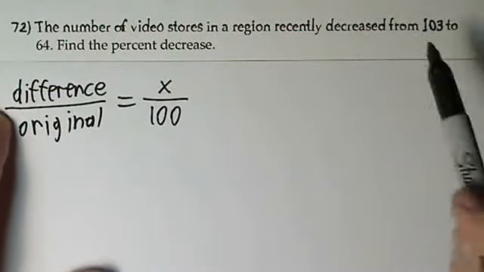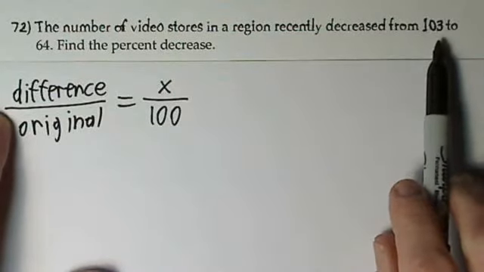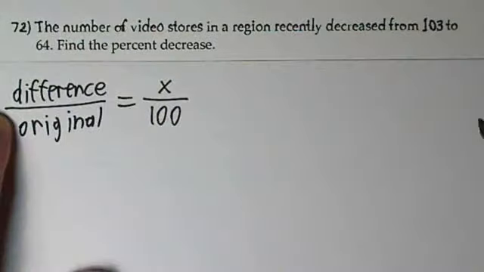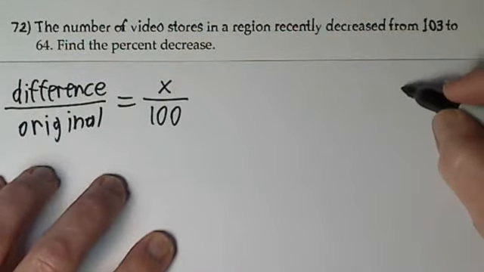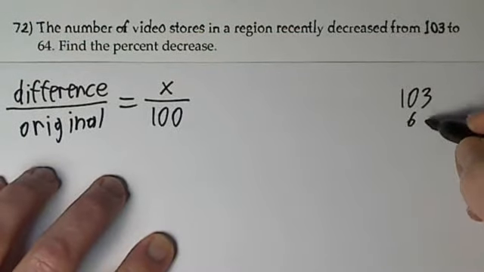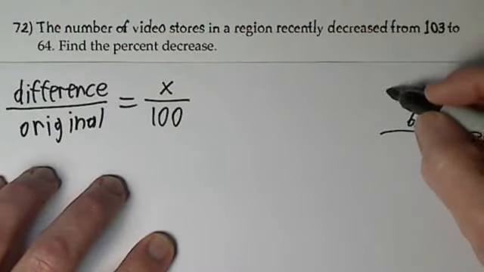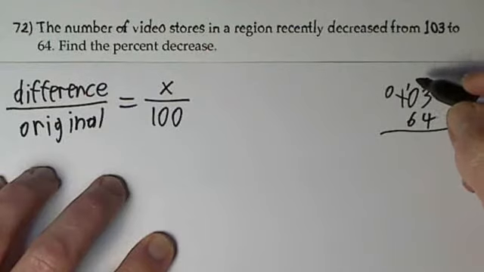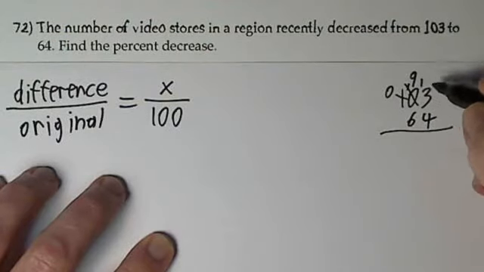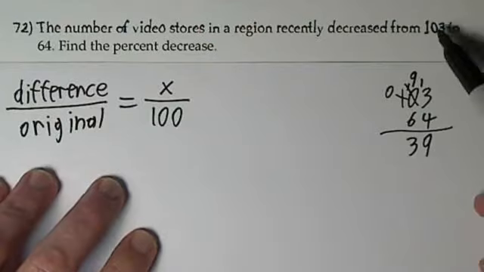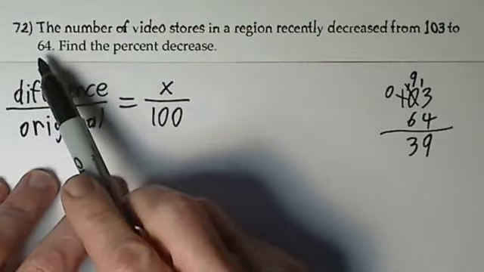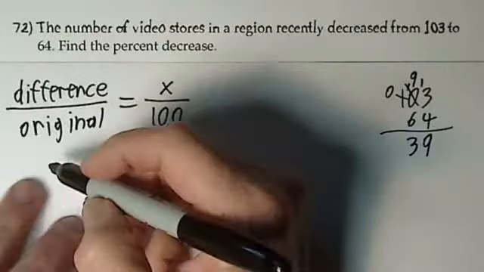The difference. It was at 103 and it went down to 64. So the difference is not given. We're going to have to calculate the difference. So the difference between 103 and 64 is 39.